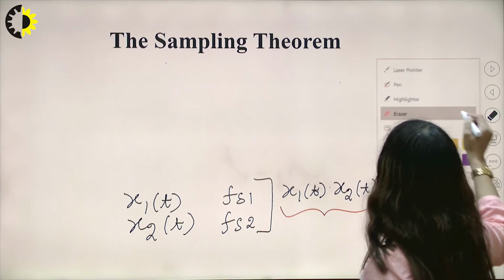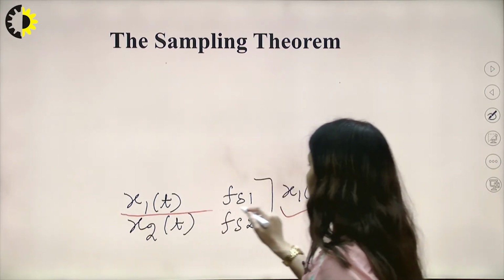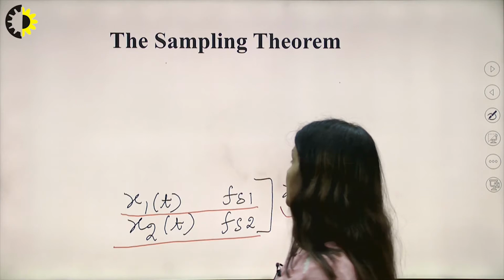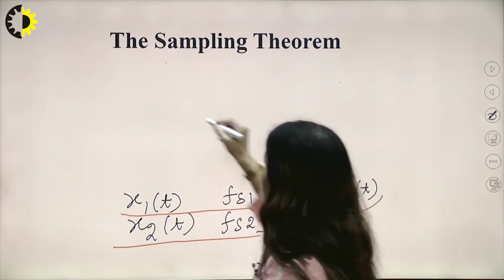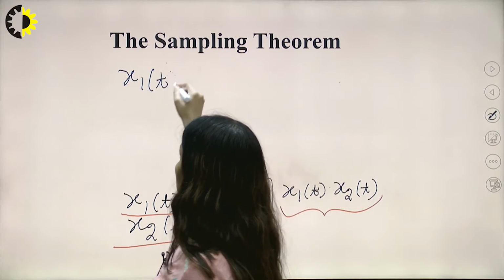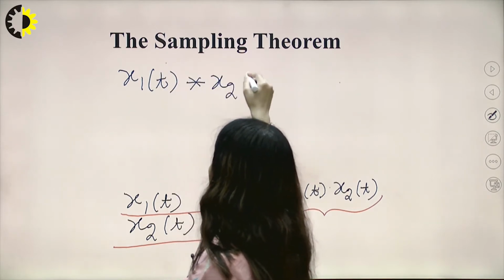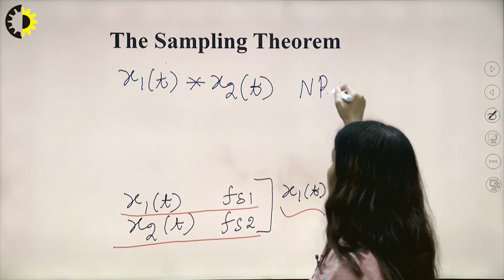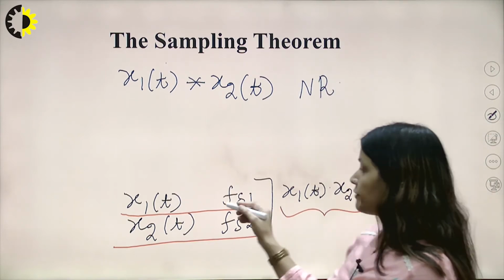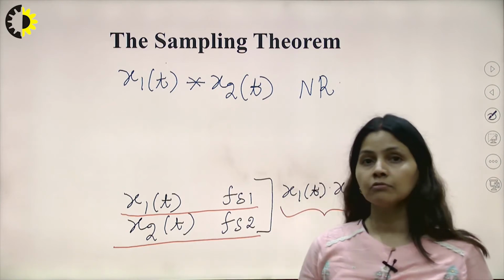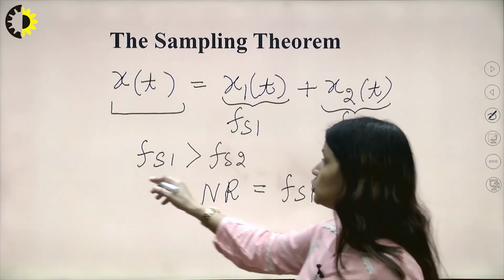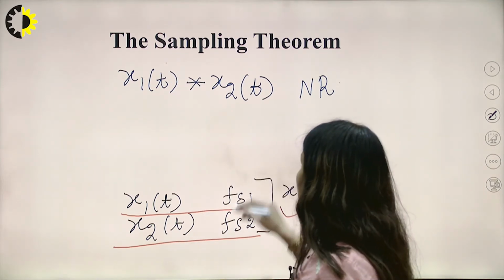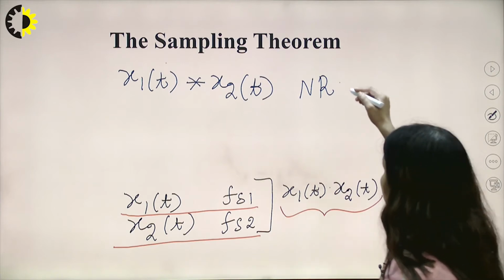Let's say x1(t) Nyquist rate is fs1 and x2(t) Nyquist rate is fs2, then what would be the Nyquist rate for x1(t) convolved with x2(t)? As previously, let us assume fs1 is greater than fs2, then the Nyquist rate in this case would be fs2.